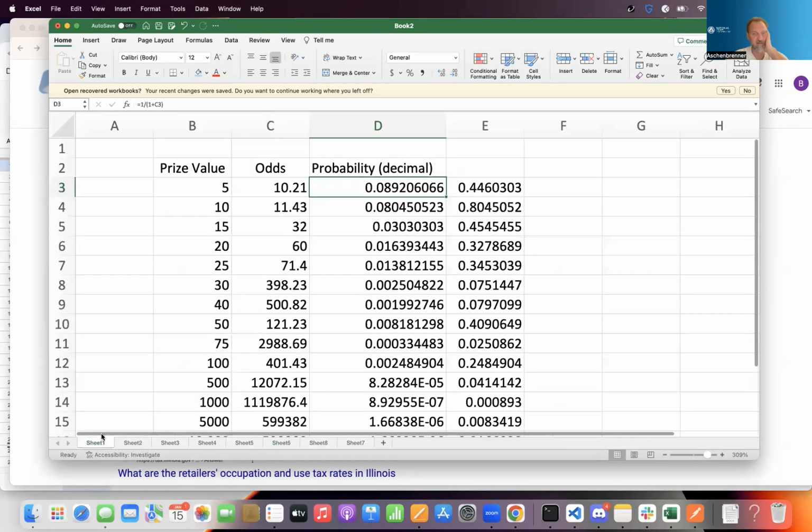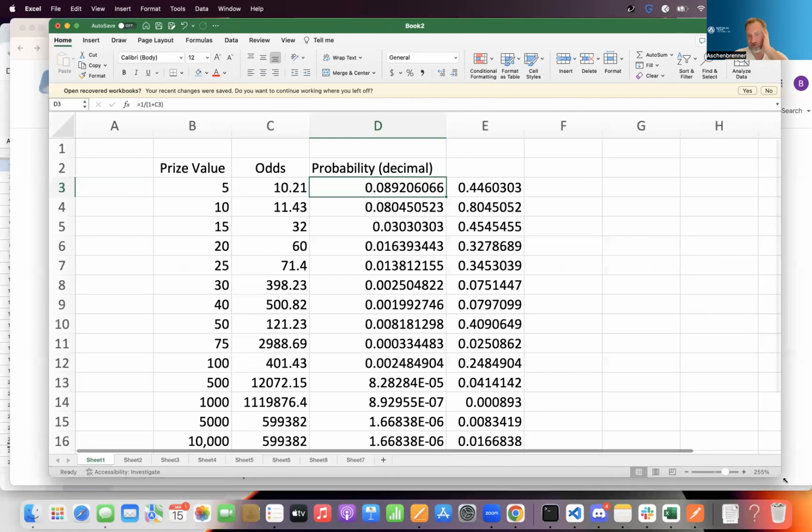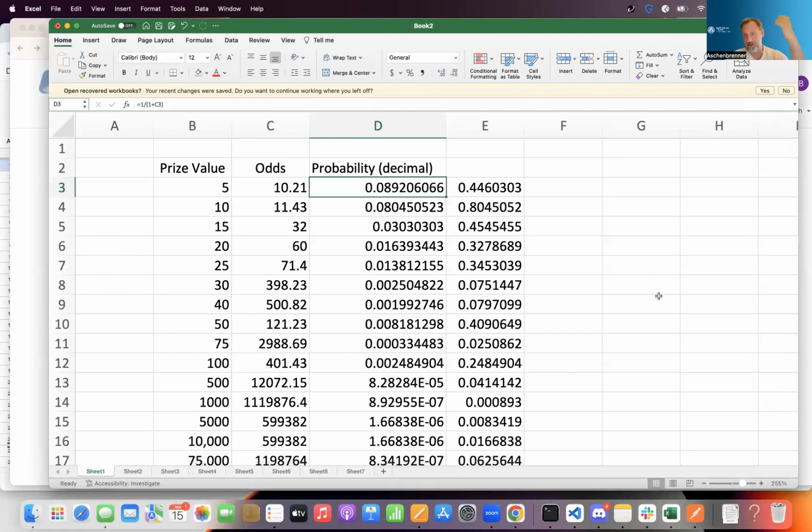I want to go back to this first sheet because I want to talk about an application of percentages that I think is interesting, and maybe you will by the time you get there. And also allow me a chance to talk about cell references in terms of doing calculations. So as you can tell here, there is a little bit of a formula to convert odds into probability.